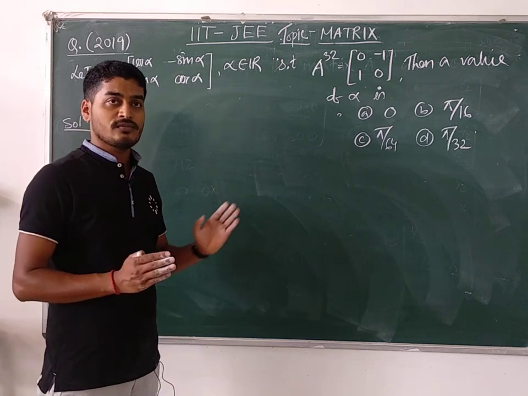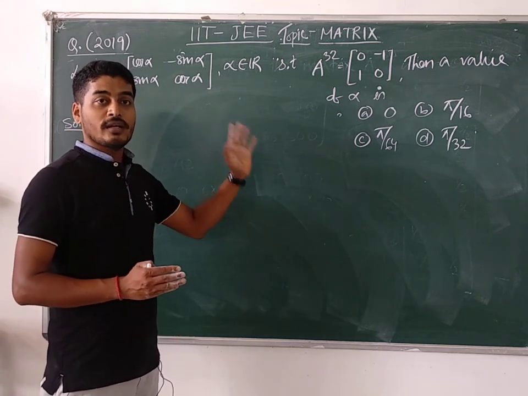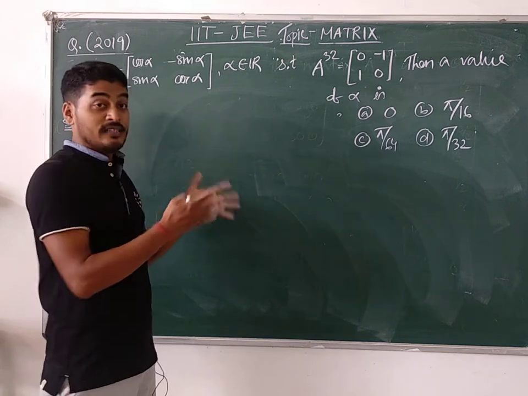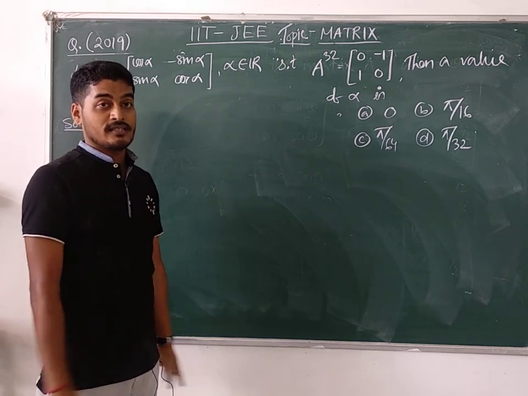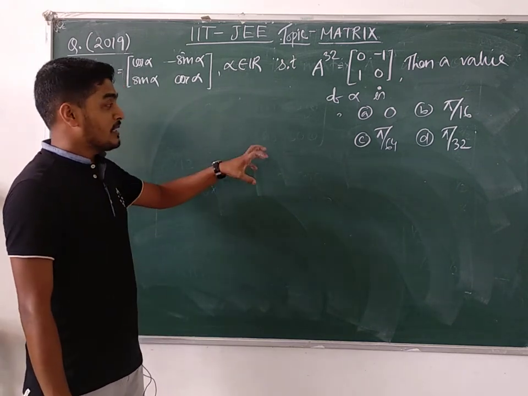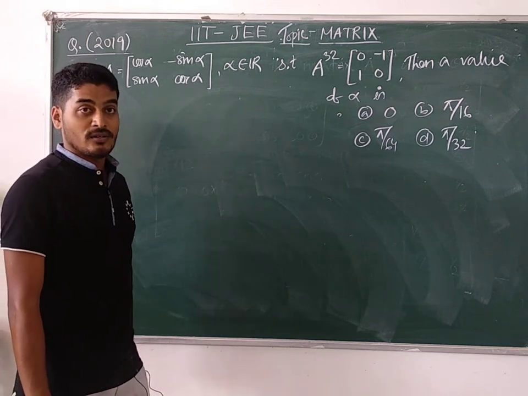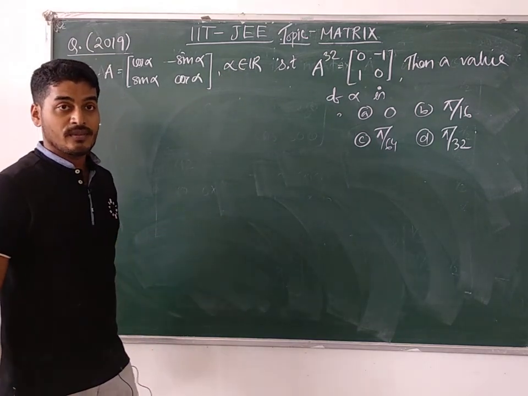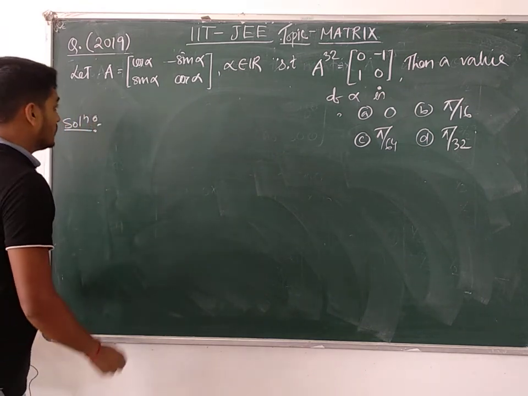Very simple. Then you will get a pattern followed by the product of the matrices A. From that pattern you can easily find the value within a few minutes. Okay, so let us try to explain.